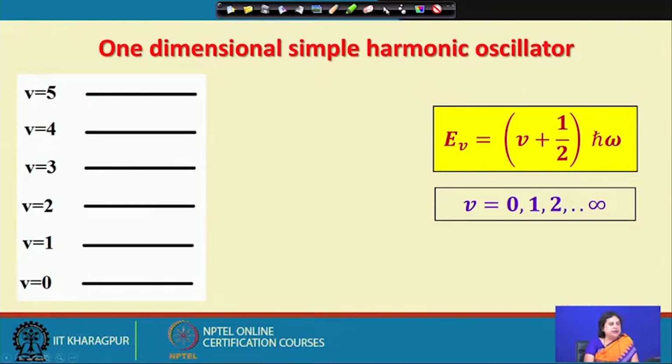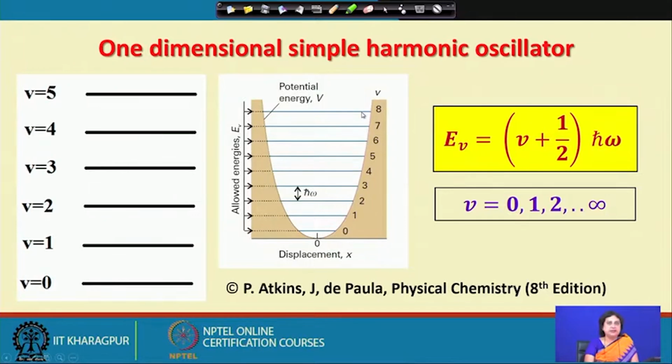Now, when I understand this, then I should also be able to visualize where these energy states came from. In the original Hamiltonian, one used a potential energy function V, which is given by this solid line, and told me that as the system undergoes a displacement from its mean position, there is a non-zero potential energy that tries to restore it back to its position.